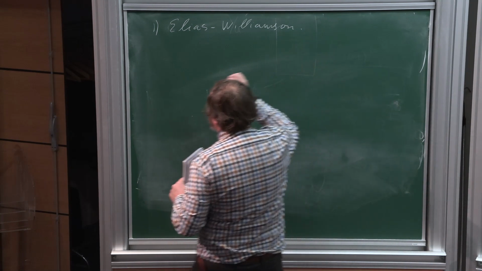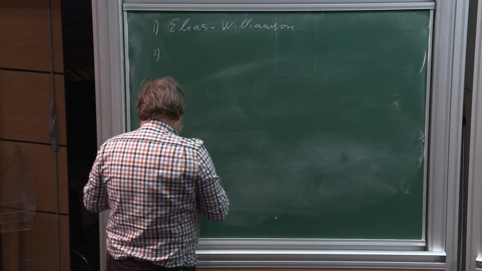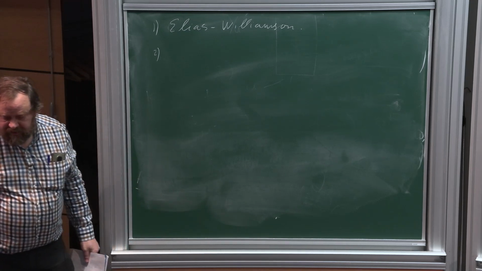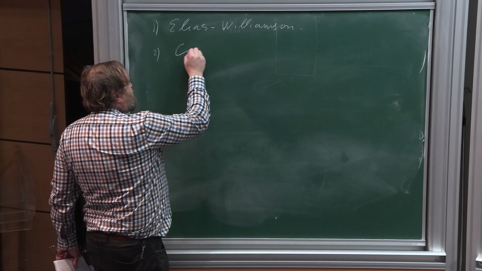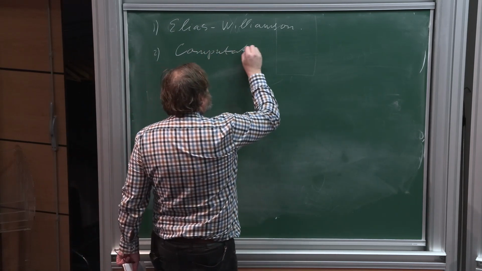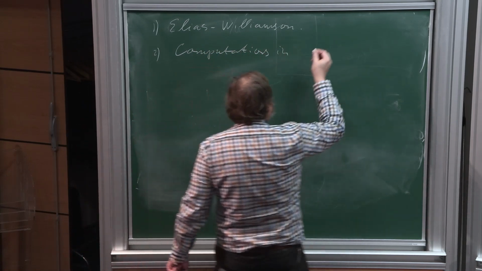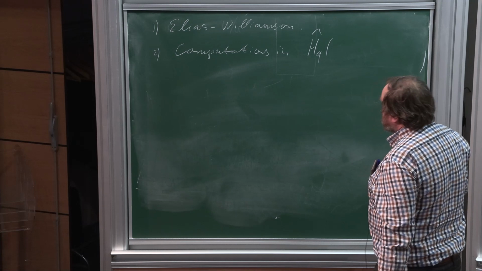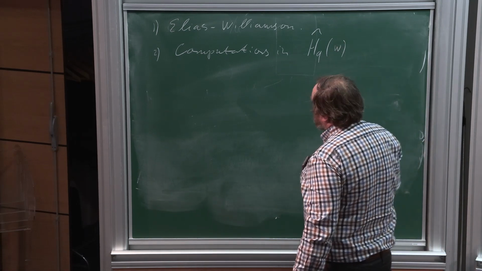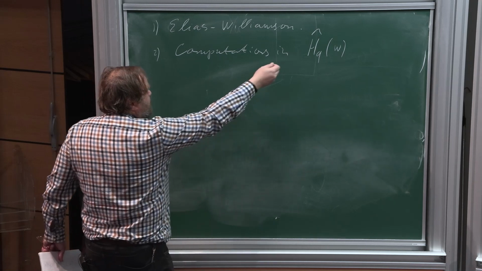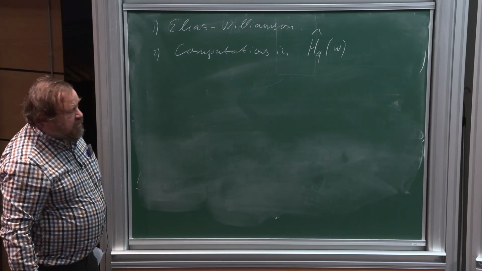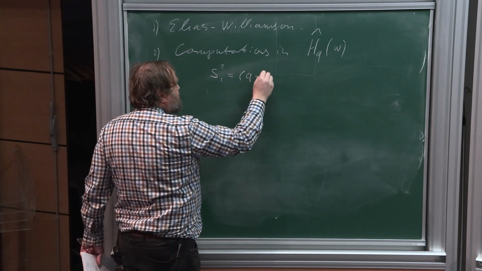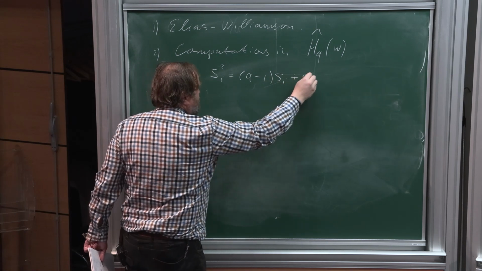So this is something which maybe I should not comment on at all. The second thing is that the same graphs appear if you make simple computations in the Hecke algebra of W hat, because it's affine. So H_q of W is the same as the Weyl group, except that you have the additional relation that Si squared equals (q minus 1) Si plus q.